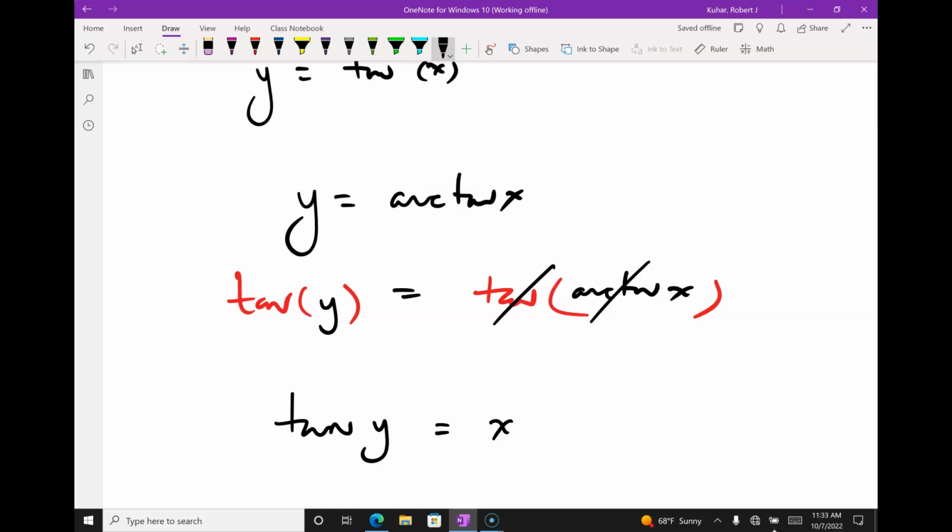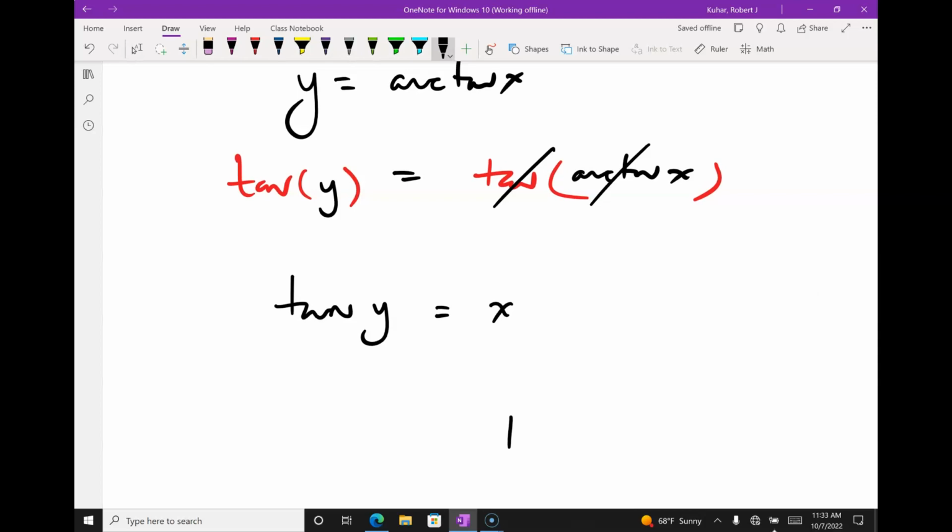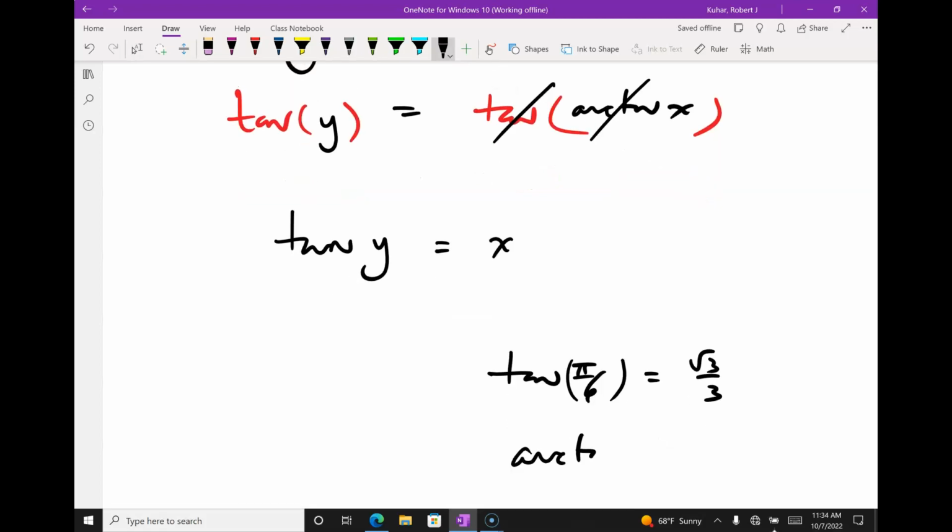Meaning, if I said tangent of pi over 6 is rad 3 over 3, then arctan of rad 3 over 3 is my pi over 6, right? You remember doing this before? I got 1 nod, 2, 3, 4, 5, 6. All right, 6 out of 19, that's not bad.